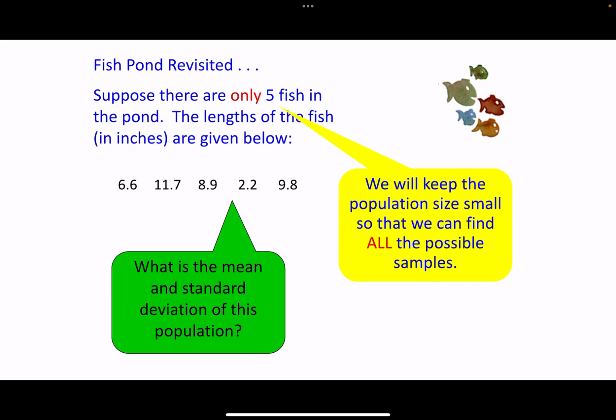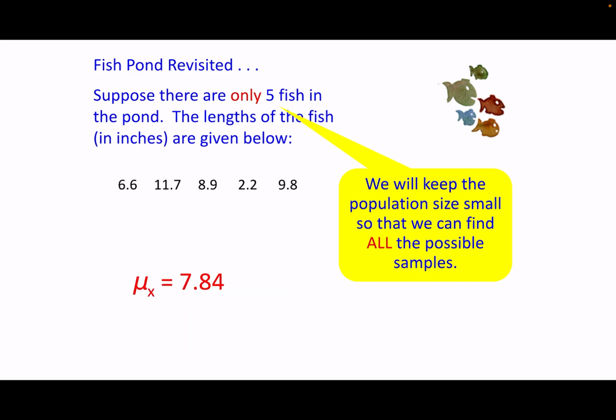What is the mean and standard deviation of this population? Take a moment, put those into stat edit, calculate the mean, calculate the standard deviation. You know how to do this using a list. You should have found that the mean is 7.84 and the standard deviation is 3.262.